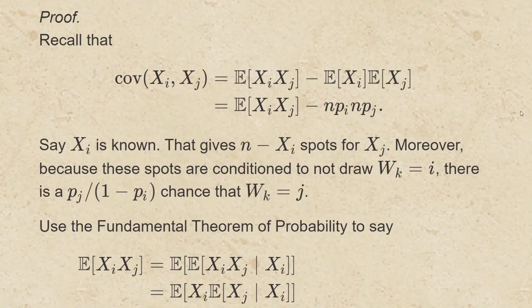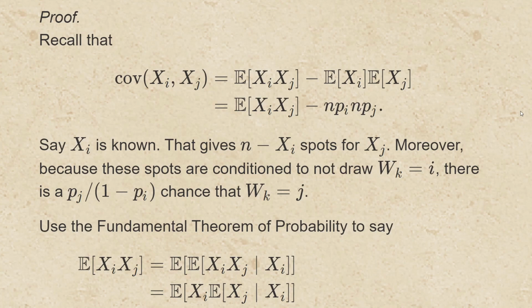For the proof, recall that the covariance between x sub i and x sub j is the expected value of x sub i times x sub j minus the product, expected value of x sub i times expected value of x sub j. Now suppose that the value of x sub i is known. Suppose that we know that 7 of the values of the experiments equal i.